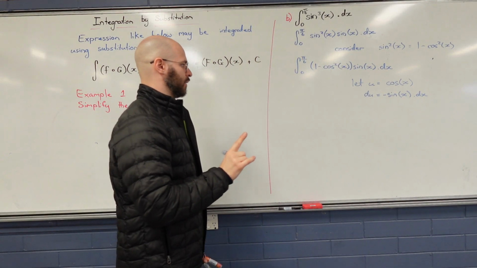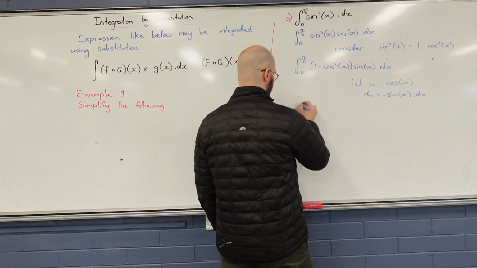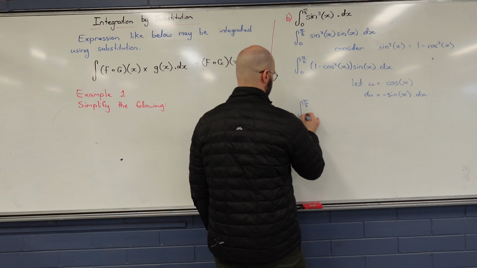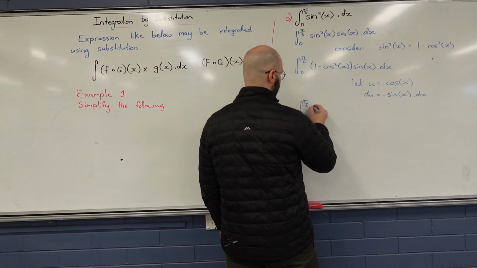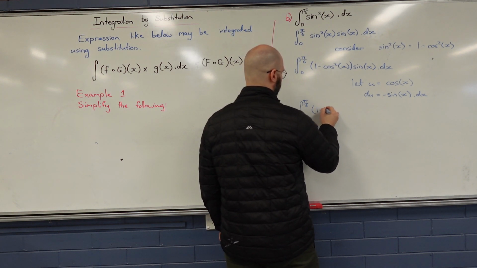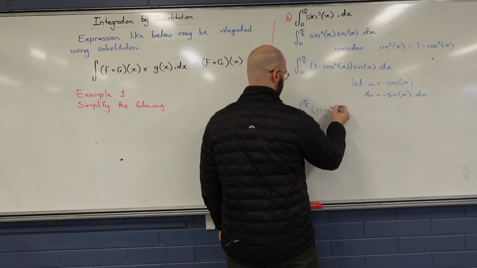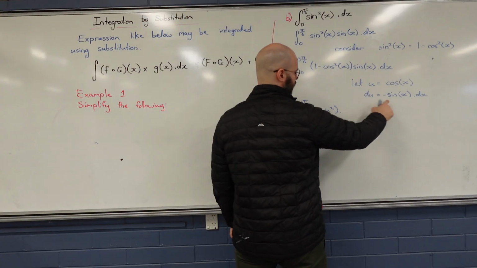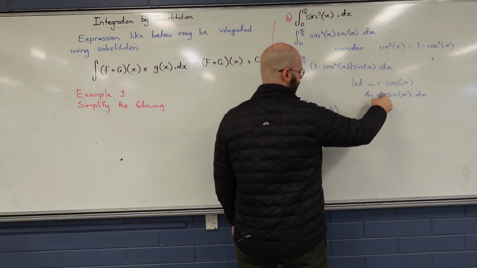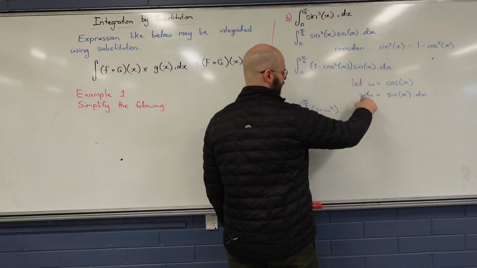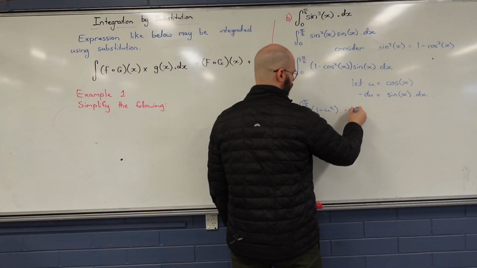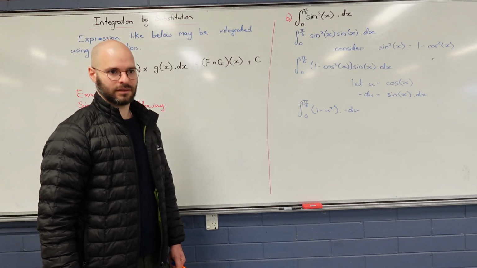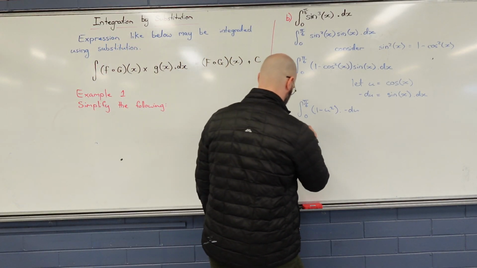So when we make the substitutions here, we're going to get the integral from 0 to pi on 6. Inside the bracket, we're going to get 1 minus u squared times, and this one is going to be, move the negative from there and put it there, negative du. Could we integrate this? Of course.